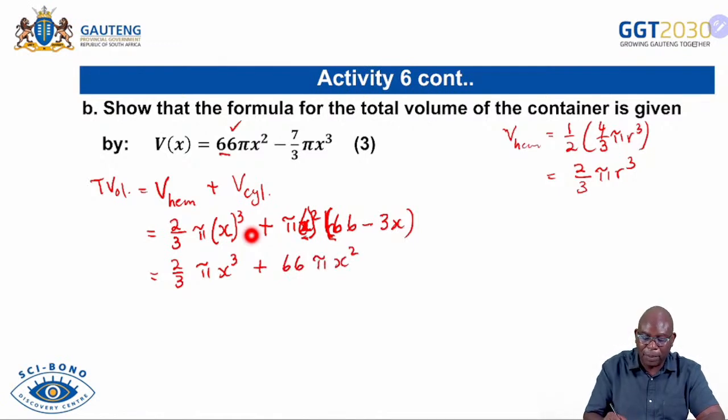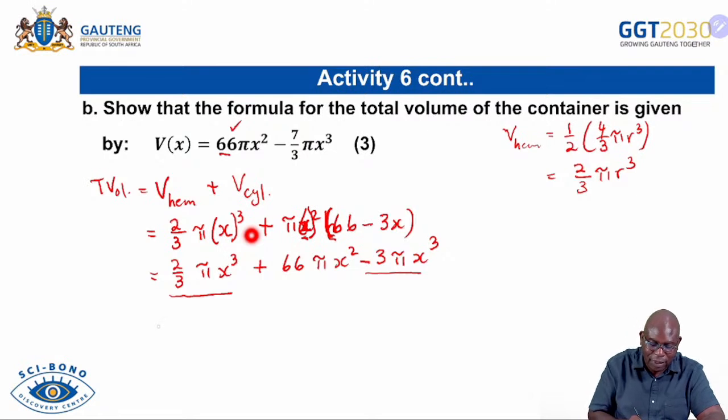Then I'm multiplying the pi x squared with the 3x, so I'm going to have negative 3 pi x cubed. Nice. Now I can see I have a common factor, pi x cubed, pi x cubed. Then I'm going to start with my 66 pi x squared, which I already have here.